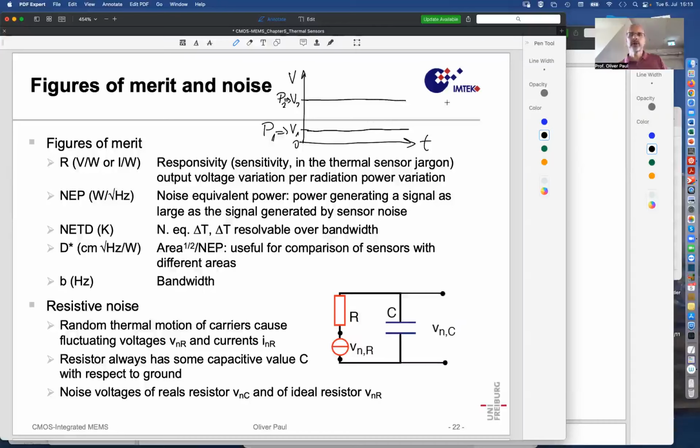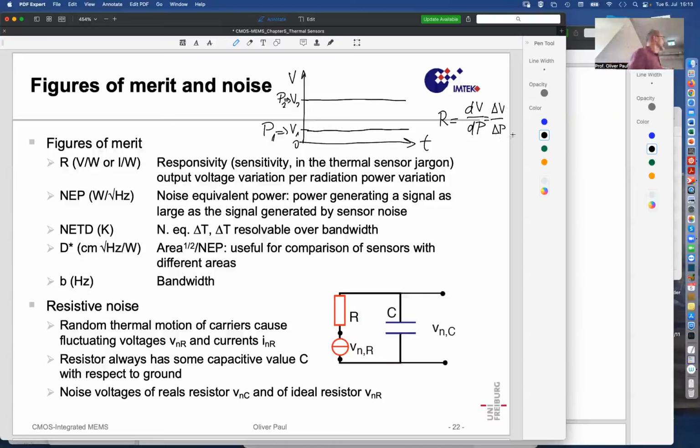So the responsivity is actually the change of output voltage per input power, or delta V over delta P. I could also write it not differentially: the voltage per power.